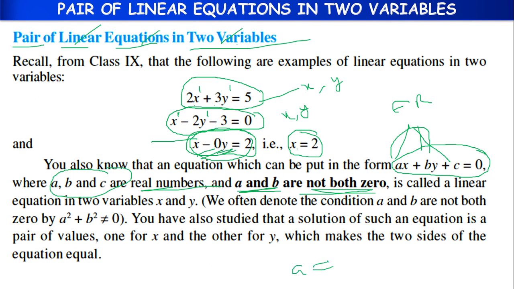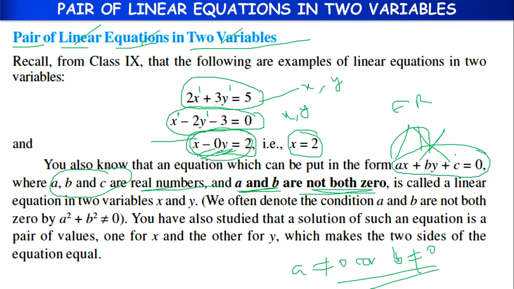That is, a is not equal to 0 or b is not equal to 0. Out of these two conditions, one condition should hold. At least one of them, out of the coefficient of x and the coefficient of y, should be not equal to 0. Then it will be called a linear equation.